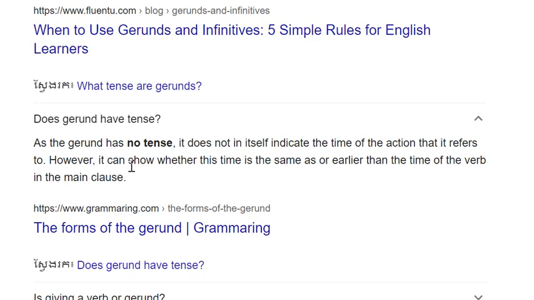However, it can show whether this time is the same as or earlier than the time of the verb in the main clause.